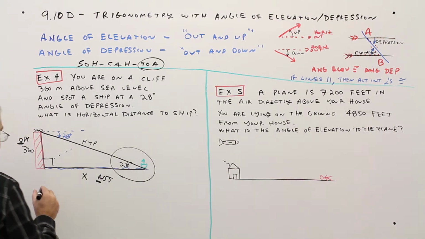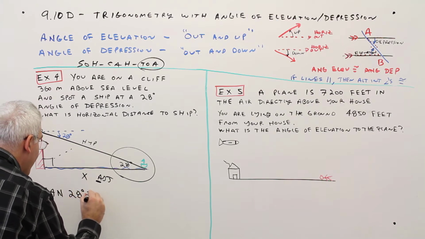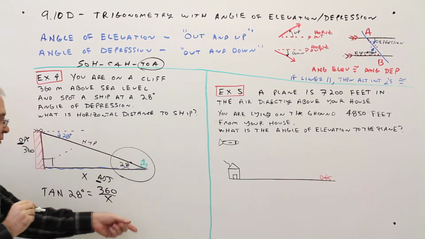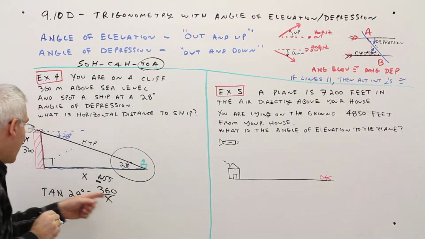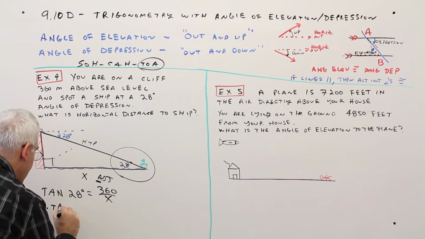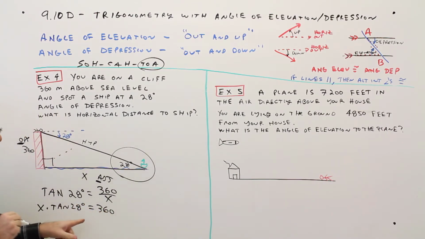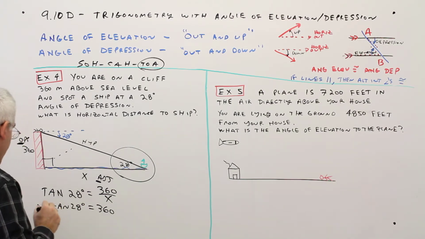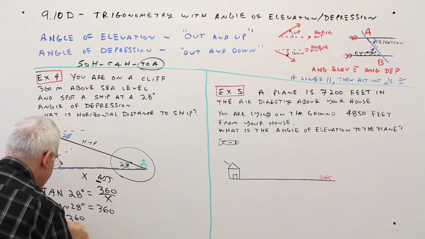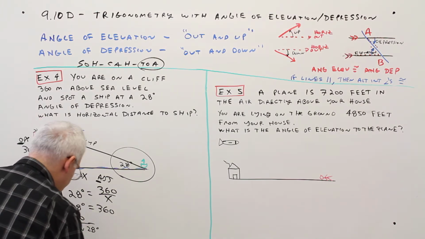So my equation will be the tangent of 28 degrees equals 360 over x. Then I'll just solve that equation. I'll multiply it through by x. So x times the tangent of 28 degrees equals 360. And I'll just divide each side by the tangent of 28. So x equals 360 divided by the tangent of 28 degrees.